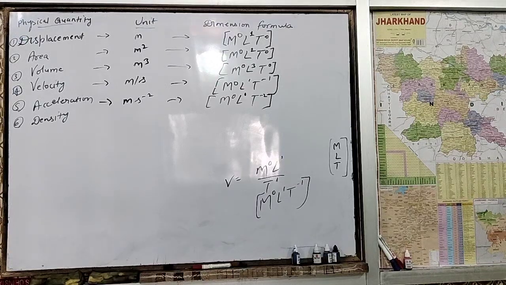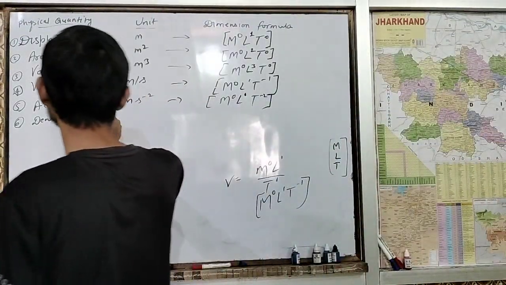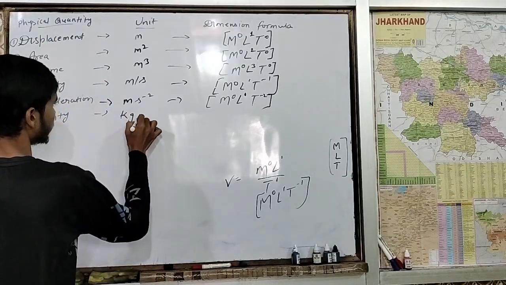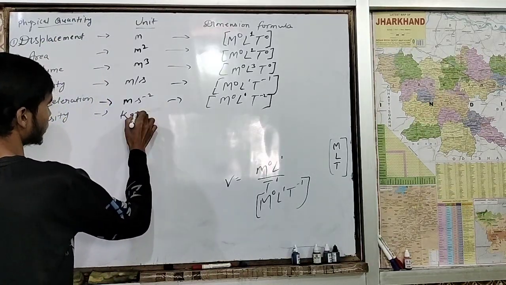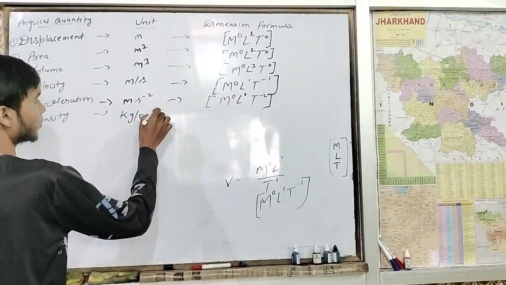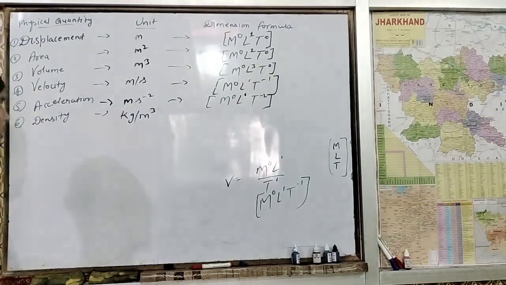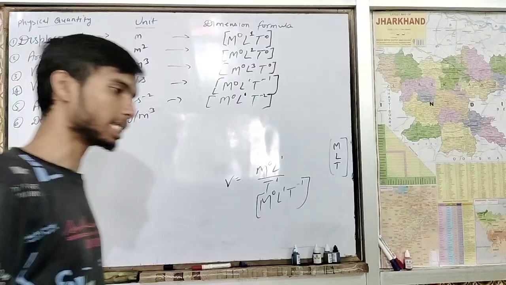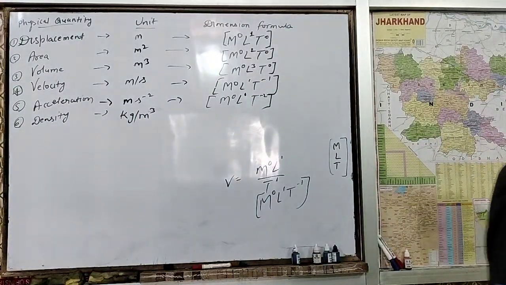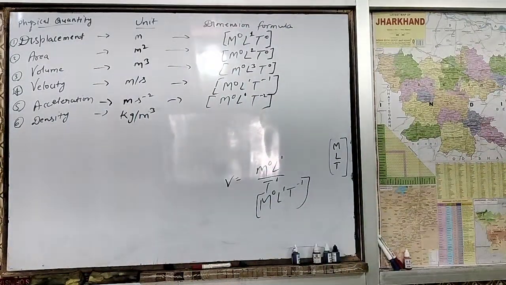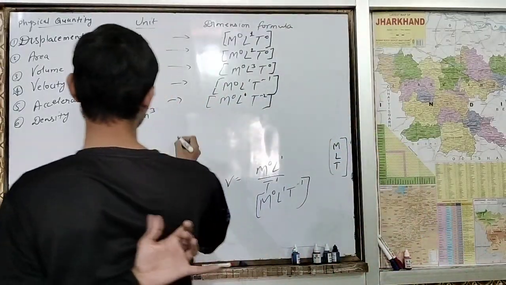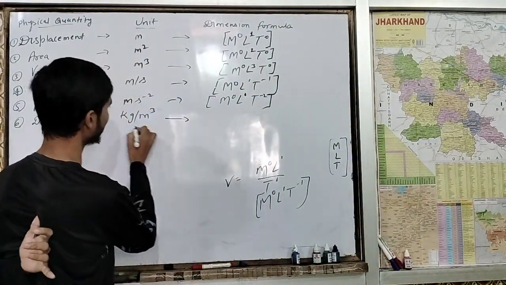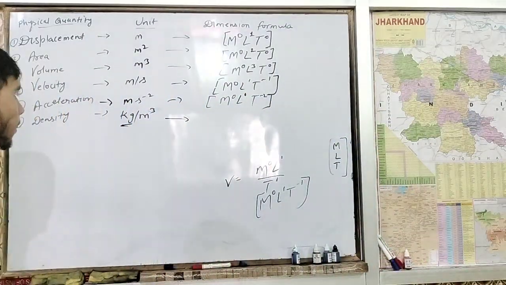Now next we have density. Density, you know that it is nothing but kg per meter cube. This is the unit for density. It has mass. For density, here we have kg, which is a mass.